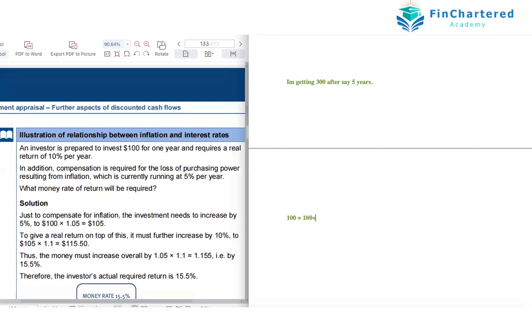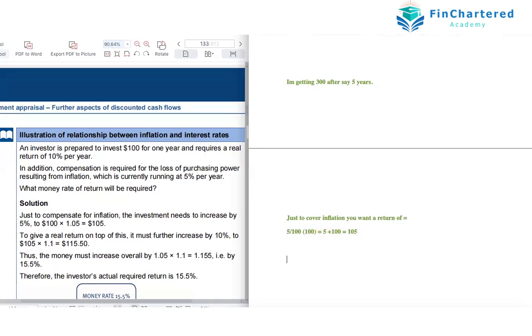So just to cover the inflation, you would want a return of 5%. 5 plus 100. So basically, just to cover inflation, you want 105.